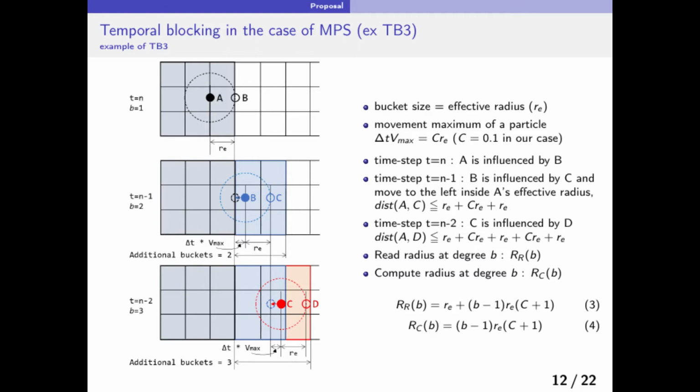This movement made the particle B change buckets. As the particle B needed to know the state of the particle C, then from A, 3 more buckets were added. The radius of influence of the neighbor particles also depends on the movement of the particles compared to the stencil computation.